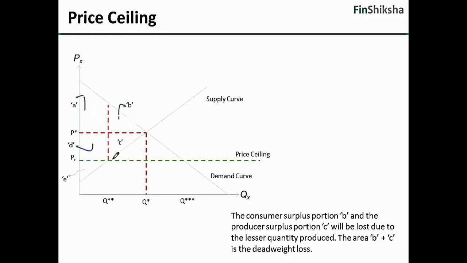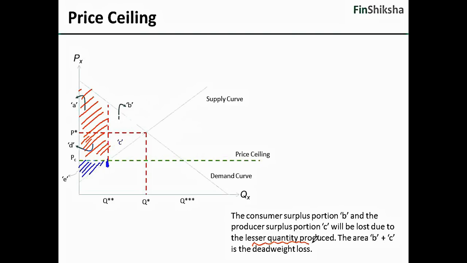Since this is the portion where trade is happening, this part is now producer surplus. Only this part. Whereas the consumer surplus is this part. Note that area B and C has now been lost because of lesser quantity produced.